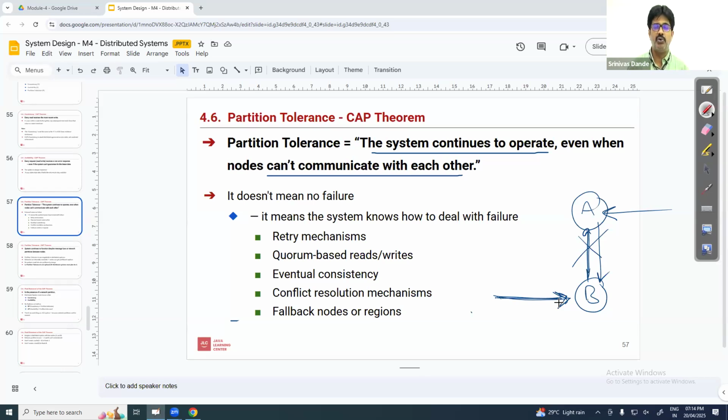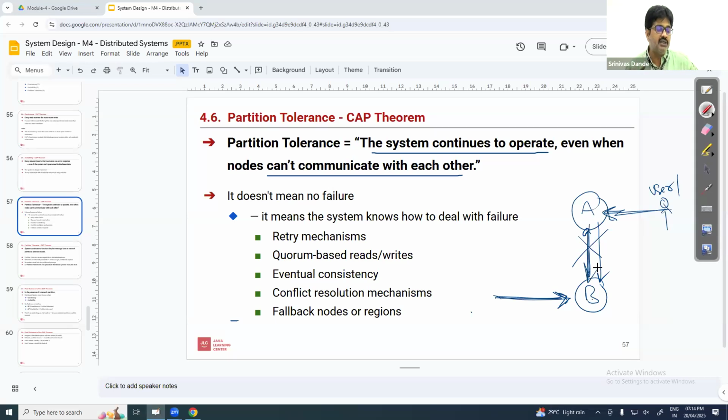When user 1 sends a request to A, will A respond or not? A will respond to user 1 even though it is unable to talk to B.